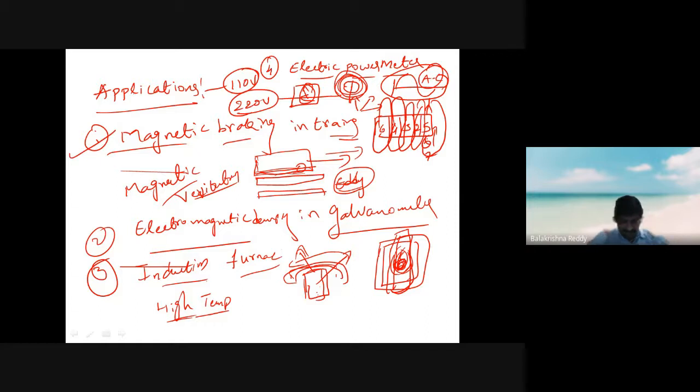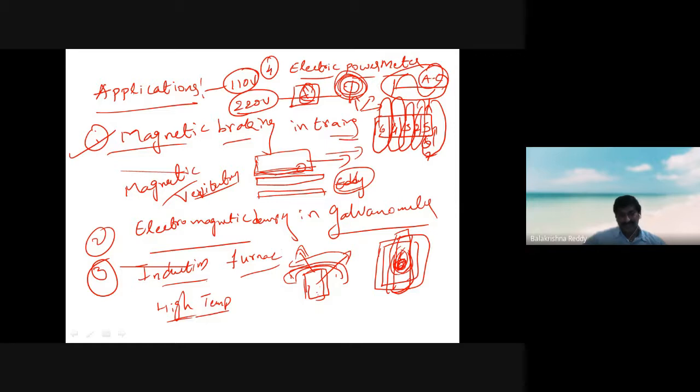Magnetic braking uses the currents developed in the opposite direction by the inducing fields. We are able to stop trains which work on the magnetic levitation process. Next, electromagnetic damping in a galvanometer, which produces an opposing torque.